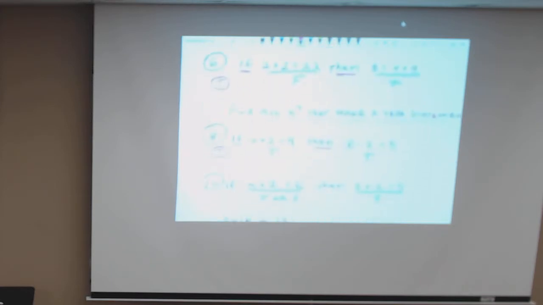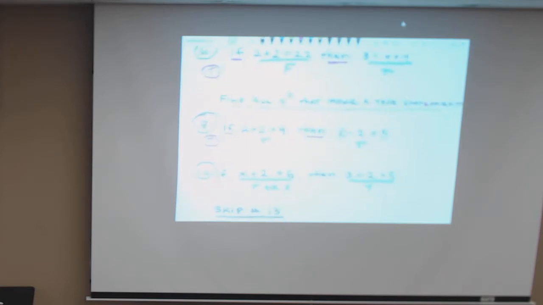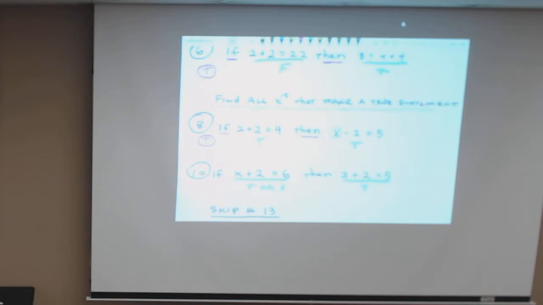Number 8. Find all the x's that make a true statement. If 2 plus 2 is 22, whoops, change to blue. If 2 plus 2 is 4, that's true, isn't it?